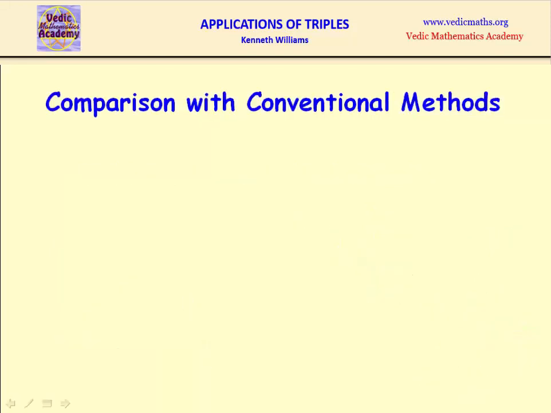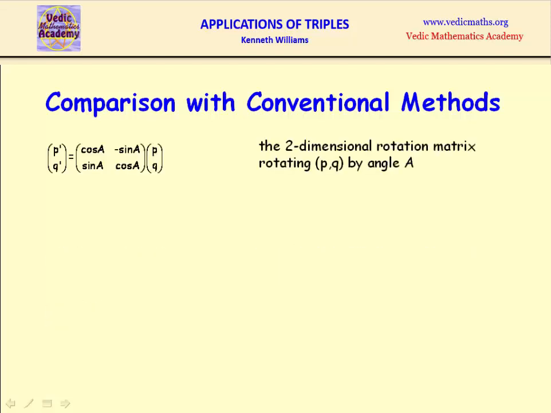Well, to finish off, let's just compare the Vedic method you've just seen with the conventional methods. So far you have seen 3 Vedic methods. You've seen the method of rotating a point by a given triple using vertically and crosswise to add up the triples.